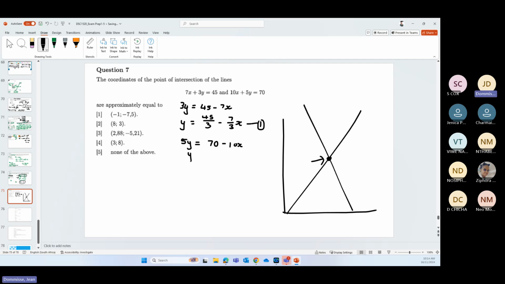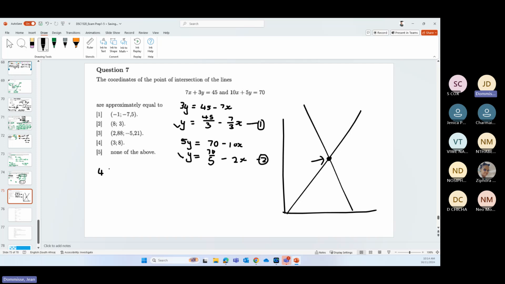Then we need to make it y. So 70 divided by 5 and 10 divided by 5, so that is 2x. So that is your second formula. And then we say, okay, there's the one y, there's the other y.